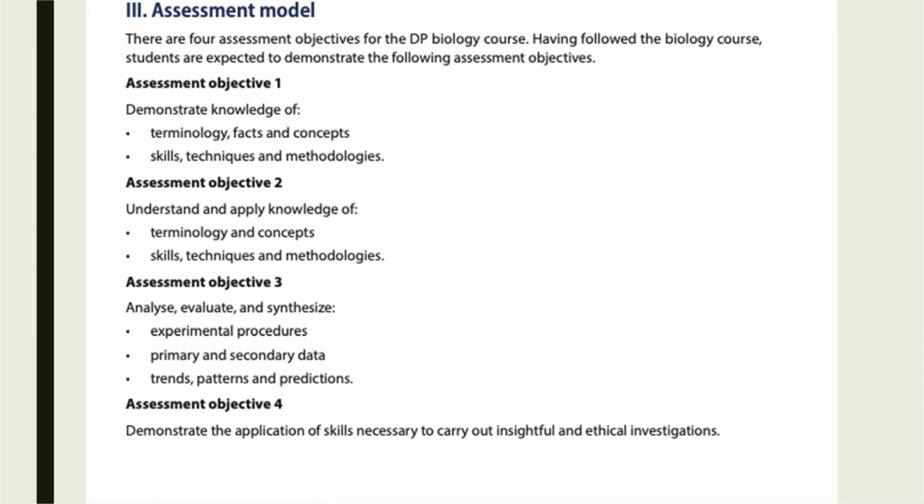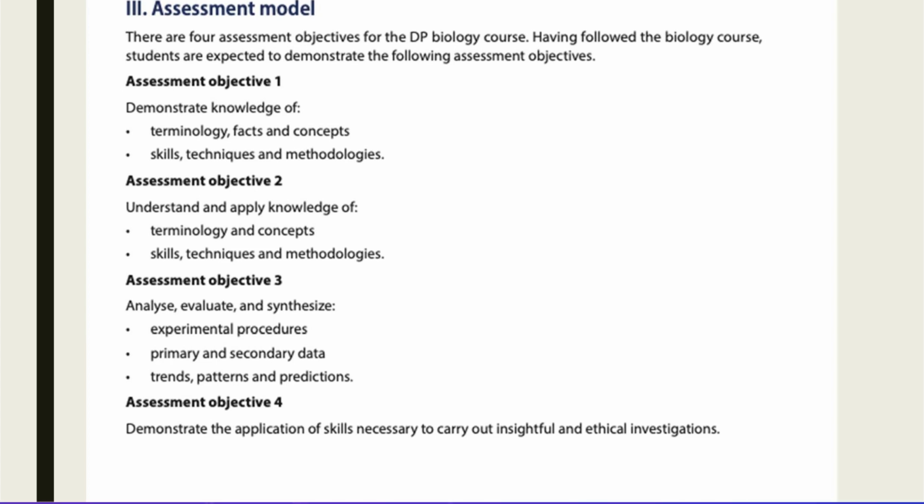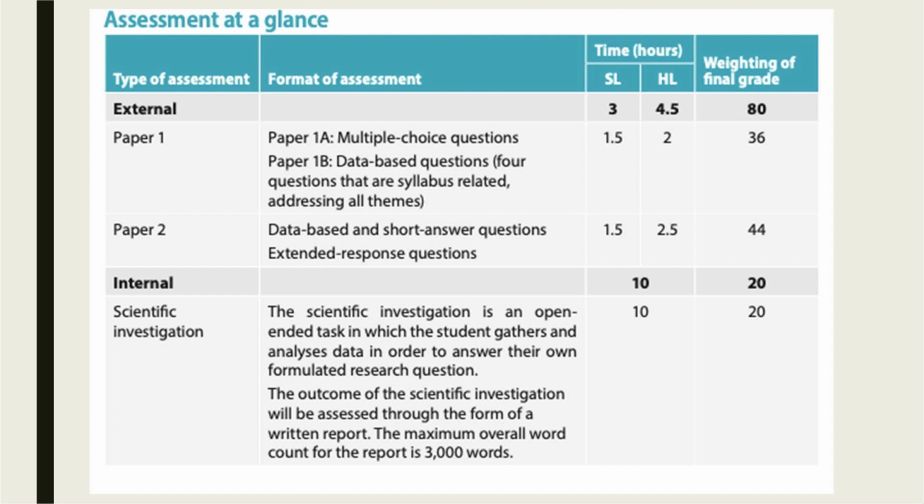In assessment objective 3, you have to be able to analyze, evaluate and synthesize experimental procedures, primary and secondary data, trends, patterns, and predictions, which is going to be in your scientific investigation. And the last objective is to demonstrate the application of skills necessary to carry out insightful and ethical investigations, of course.